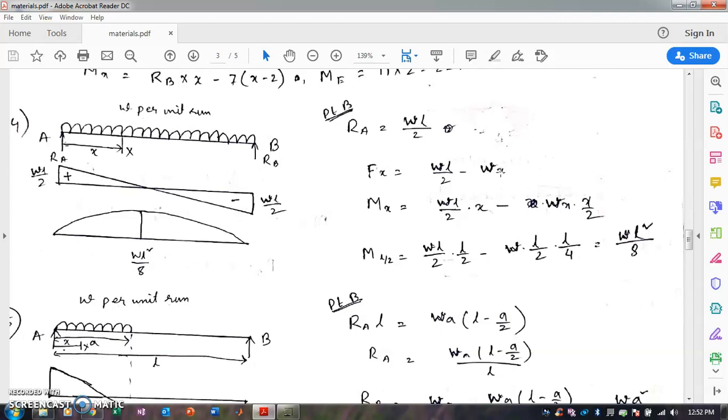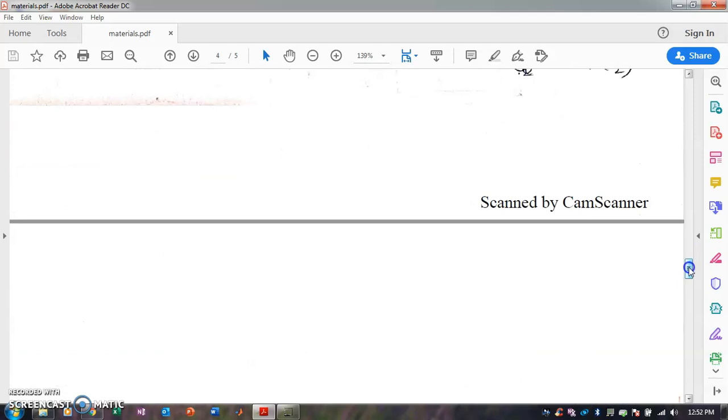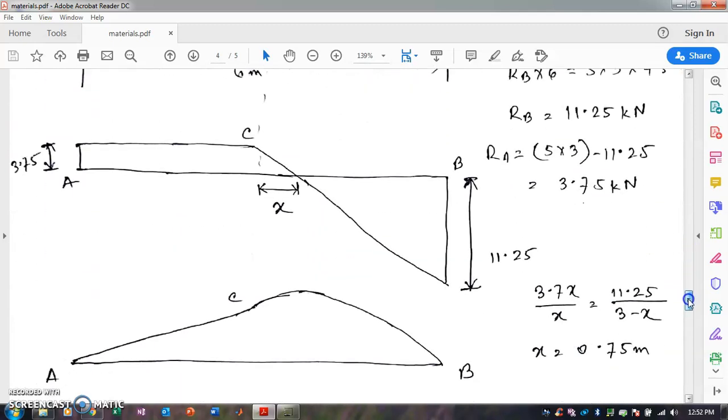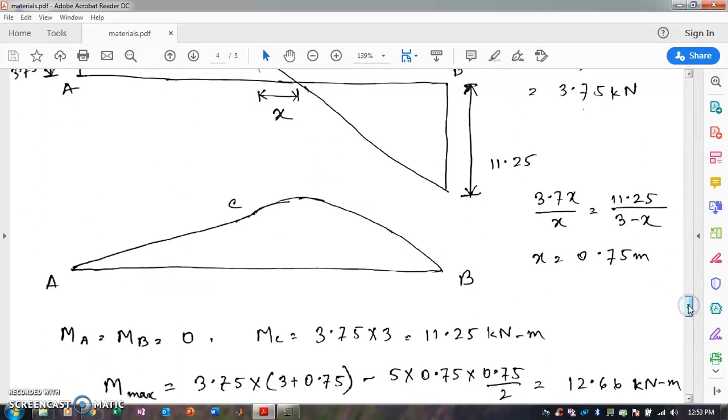and differentiation, for any second order equation, if we calculate the differentiation or derivative and then equate it to 0, then the value of x at which the derivative becomes 0 will give the maximum value for the second order equation.